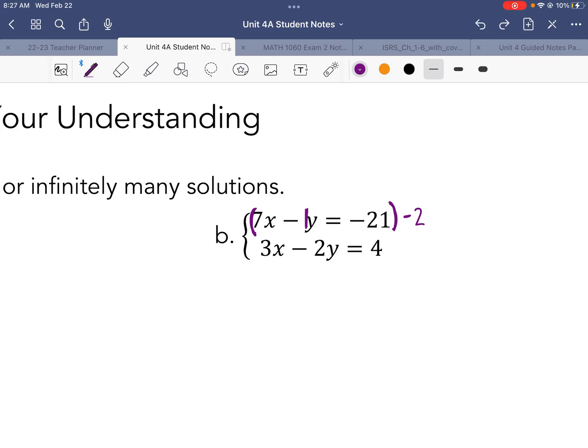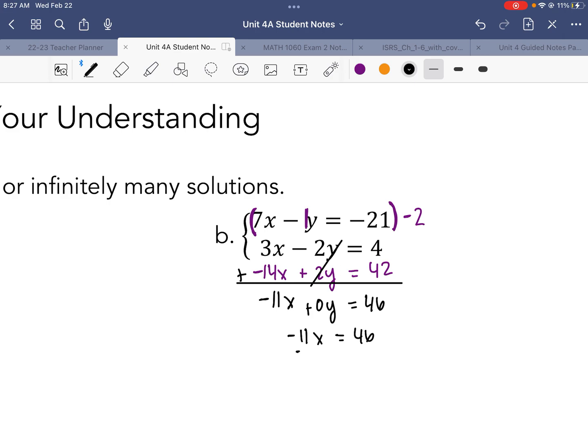That would give us -14x plus 2y equals a positive 42. And now, because these are opposites, that helps me. So we can do 3 plus -14 gives us -11x. Our y's are going to go away. That's going to be plus 0y equals 46. And then we can say -11x equals 46 divided by -11, etc., etc.